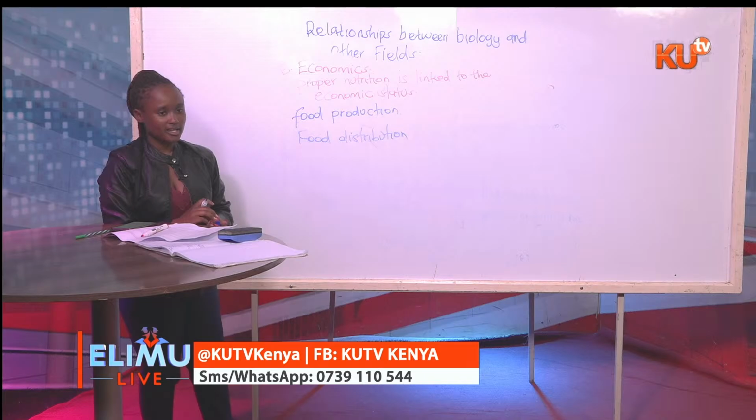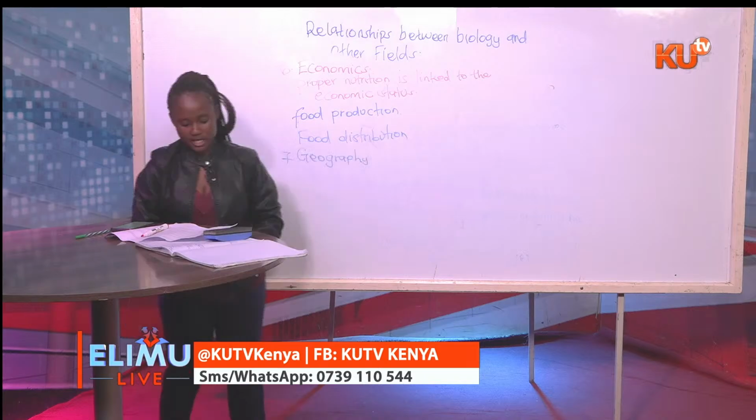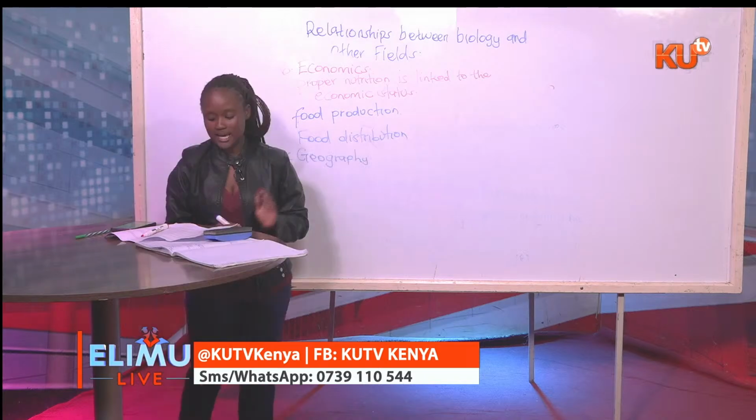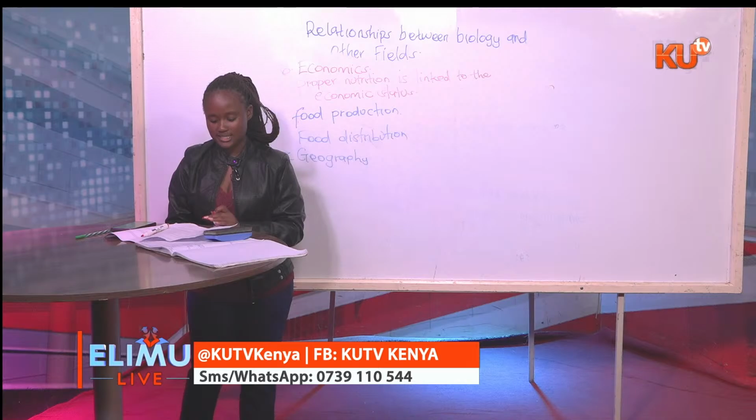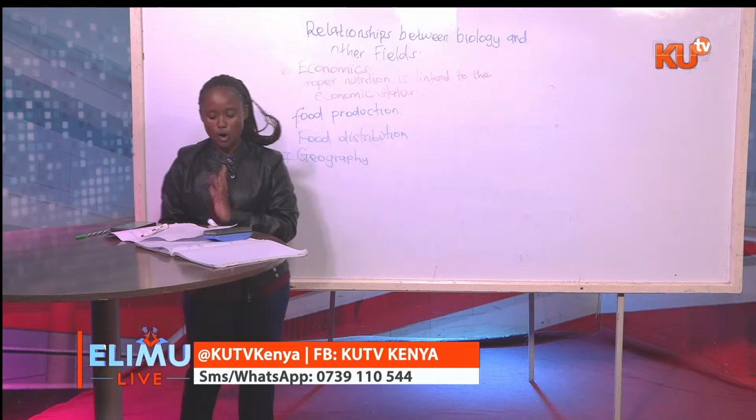So, geography and biology. Geography links to biology in understanding how different environments affect the availability of food and agricultural practices, which in turn influence human nutrition. Different climates support different types of food crops and food sources.